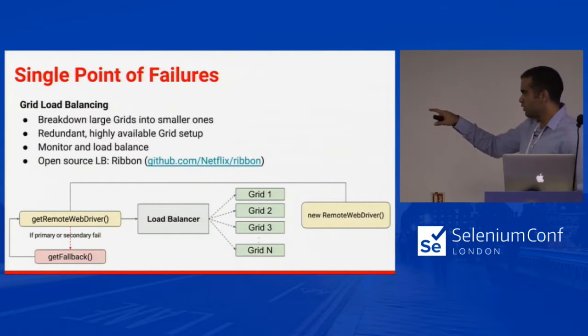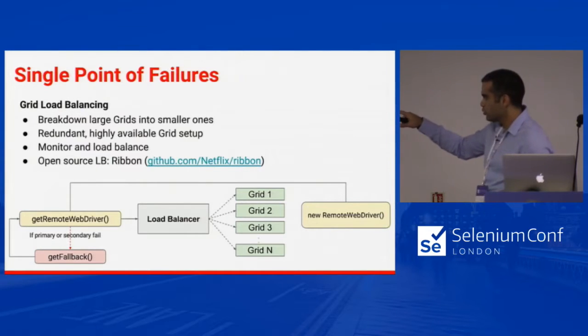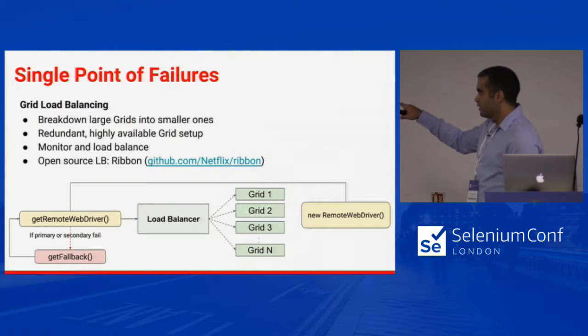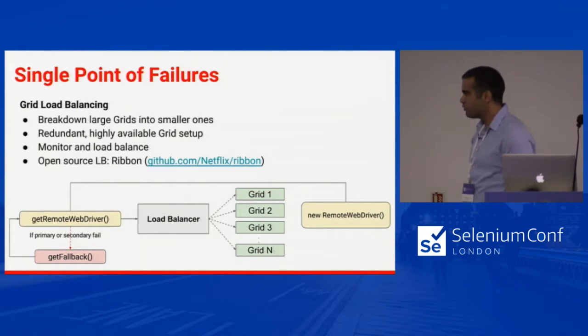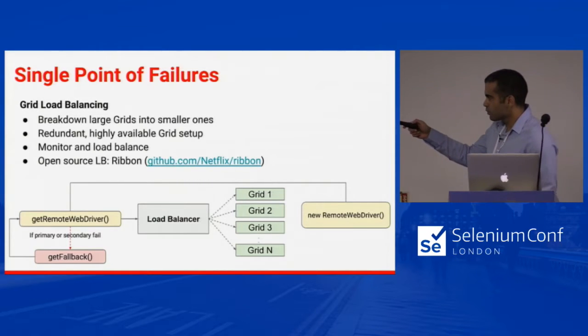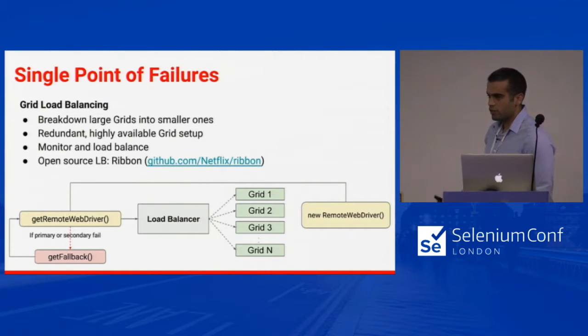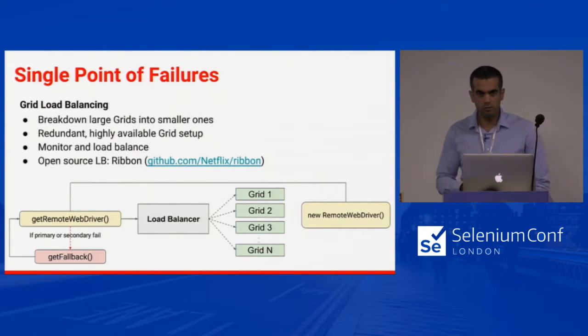For example, if I fail to get a new remote WebDriver session from my load balancer service, I can invoke the fallback action and, for example, take a new session from a cloud provider, such as Sauce Labs or TestObject.